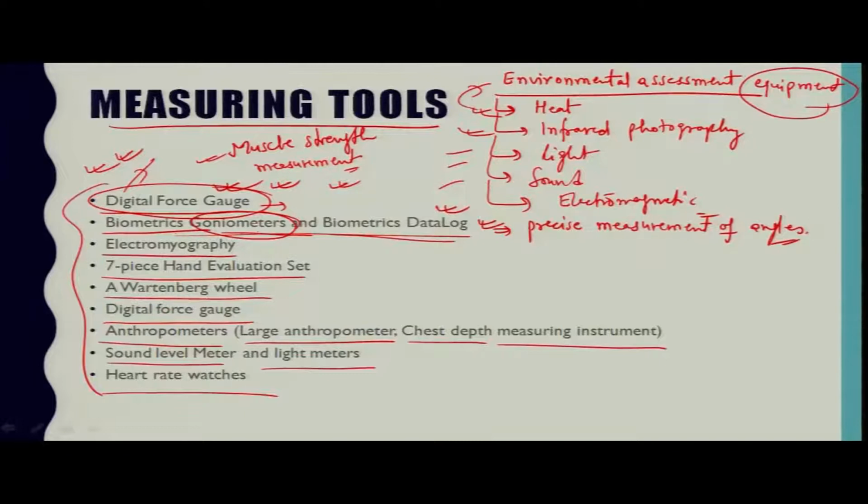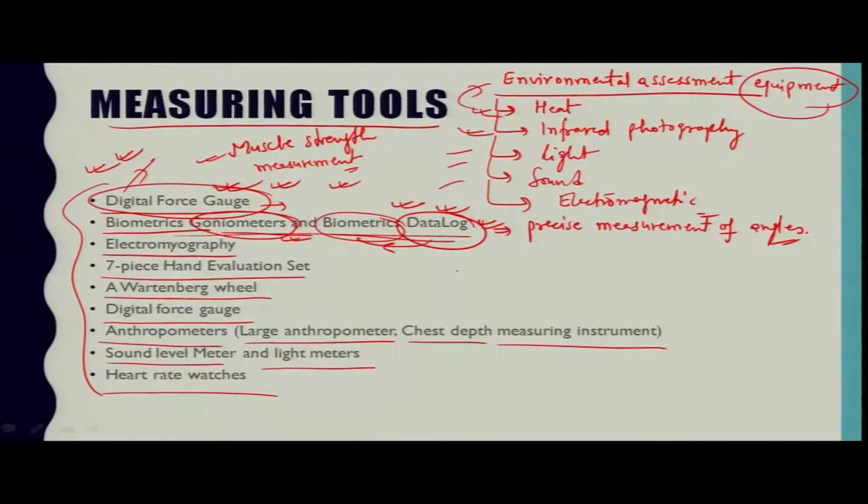So these biometrics goniometers are sensor-based instruments developed by Biometrics Limited for the dynamic movement analysis of human body parts. That is, if you want to check the range of motion of limbs. The data log is a portable device that is to be connected to these goniometers wirelessly.